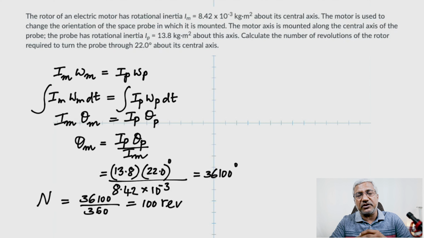So the motor had to turn through 100 revolutions just to turn the probe through 22.0 degrees. So that is how it works, because we want to turn the probe through an accurate angle. So that's why the motor has to turn through such a lot to just turn the probe through 22.0 degrees. I hope that makes sense.